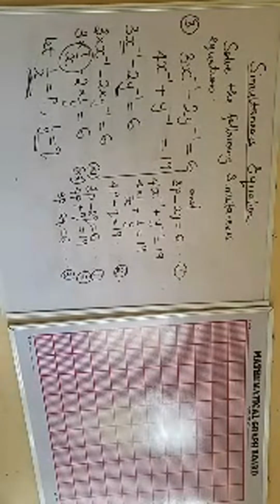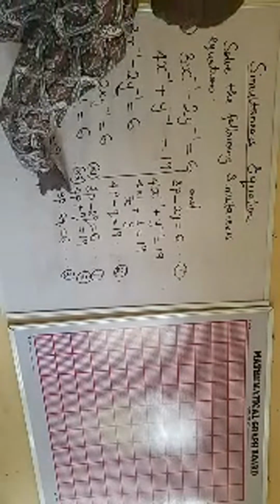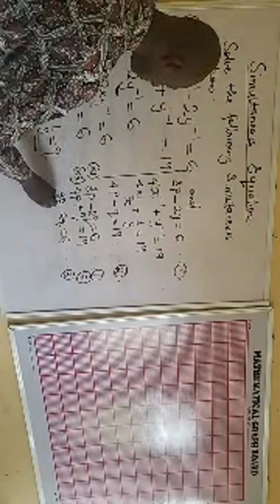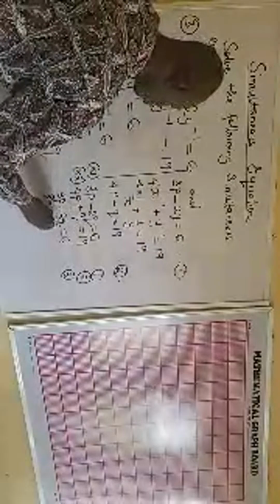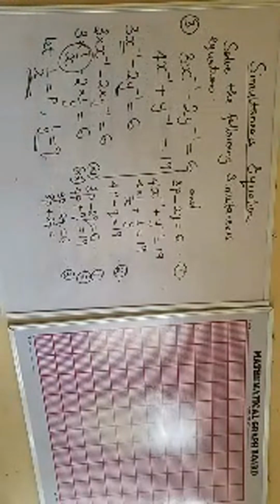We are now getting equation 3 and equation 4. 2 times 4 is 8p. 2 times plus q gives us plus 2q is equal to 2 times 19, which is 38. Here gives us 38, equation 4.